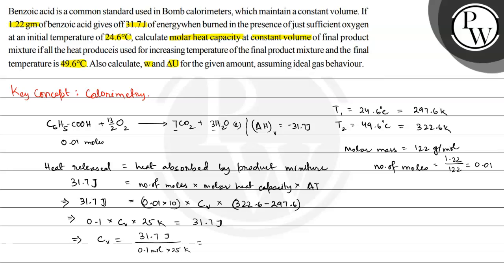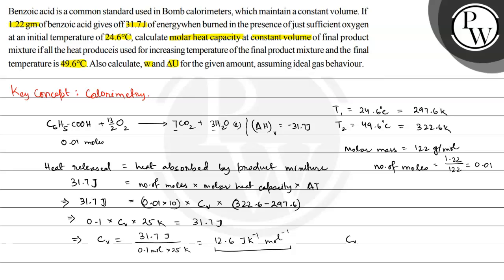So this value is equal to 12.6 joule Kelvin inverse mole inverse, because we are dividing the number of moles over here. So this is the molar heat capacity of the product mixture that we are getting.